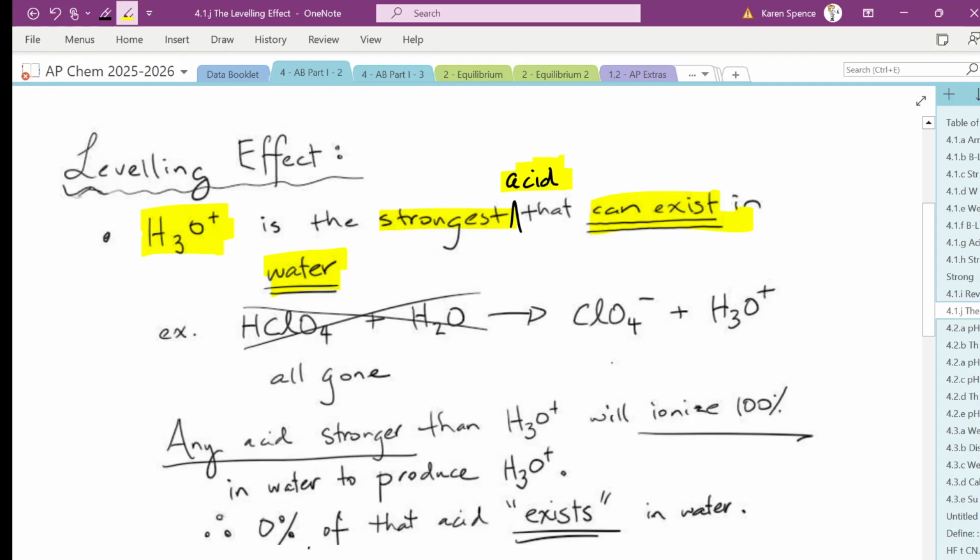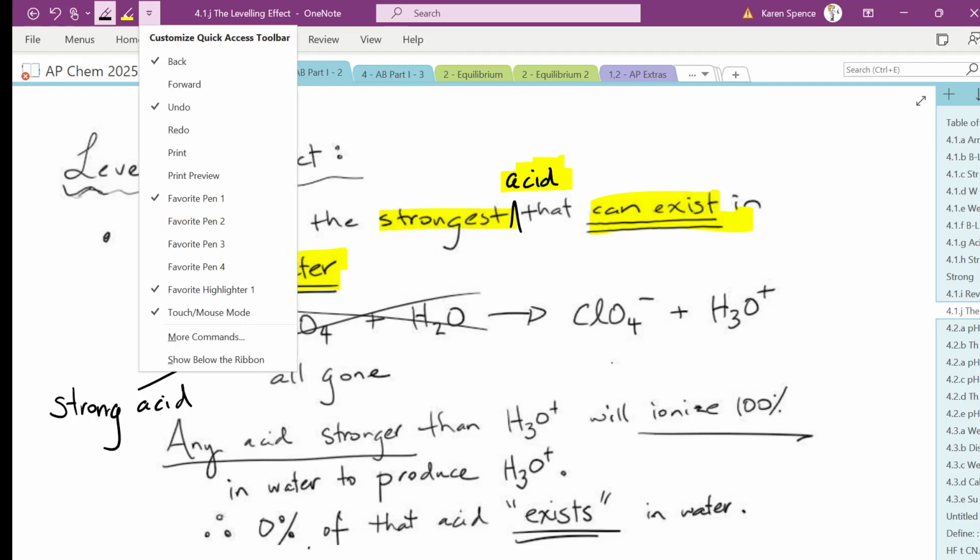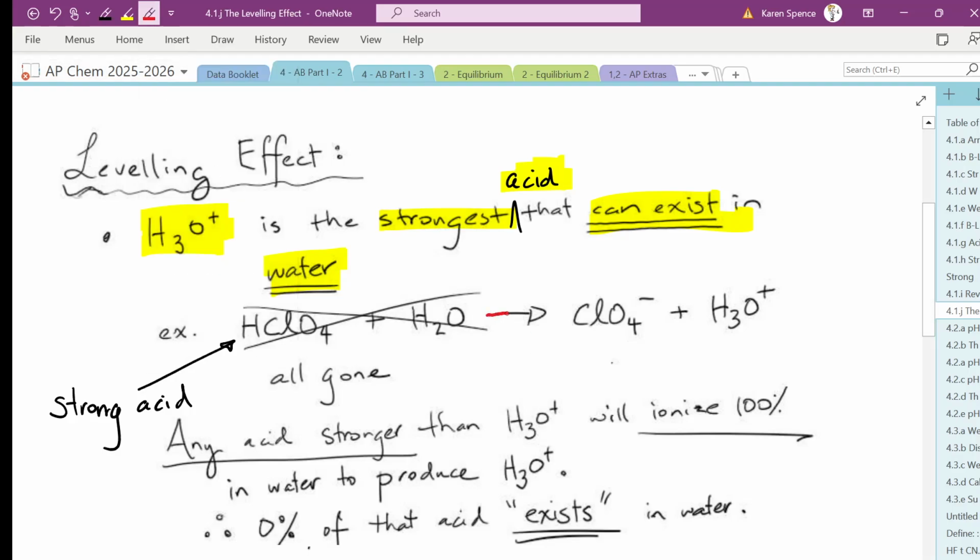So the reason for that is that every time you have a stronger acid, like say, for example, HClO4, which is a strong acid, it will react completely, and so that means that all the HClO4, the strong acid, is all gone.